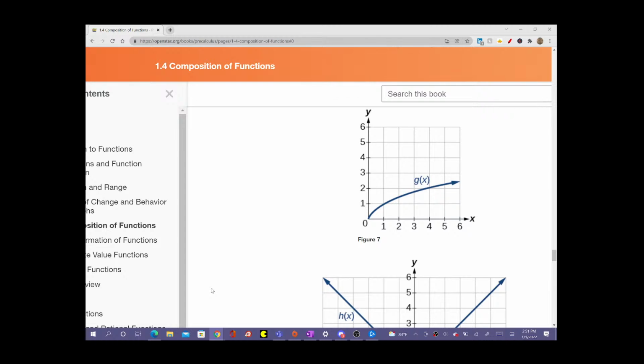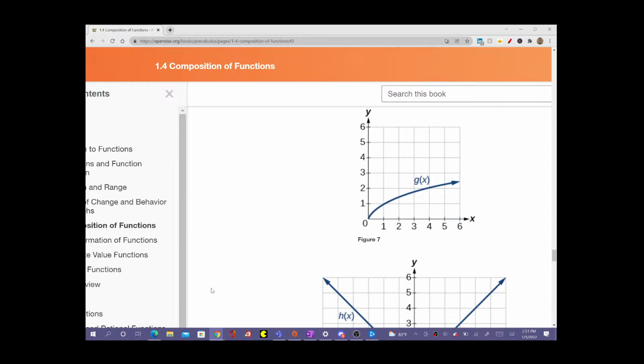So basically, I'm going to go ahead and find g of f of x so that you guys can understand the difference. We have f of x is 2x squared plus 1 and g of x is 3x minus 5.